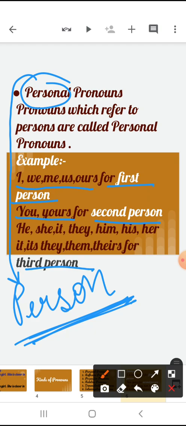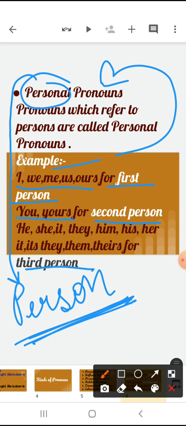Third person is he, she, it, they, him, his, her, its, them, theirs. These are third person. So all these are related to person. All these examples are related to personal pronouns.